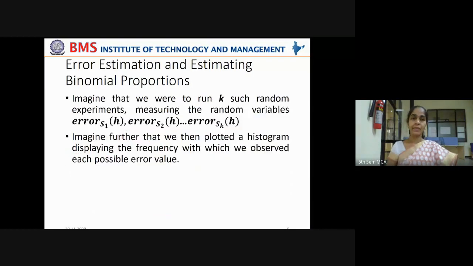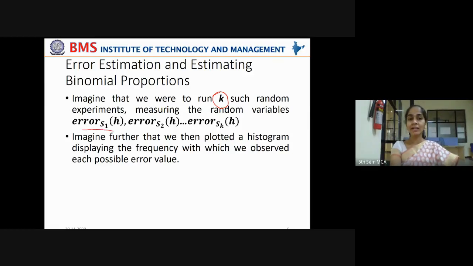Now imagine that we were to run k such random experiments. We are running this experiment k times, each time drawing a different sample having the same number of instances n. Now, how to represent the random variable, that is, the sample error you are calculating?